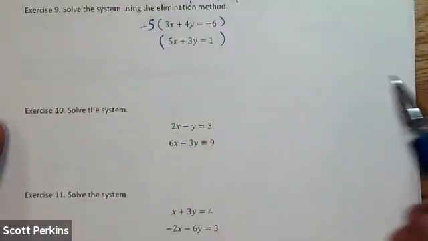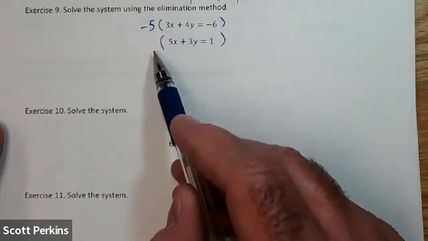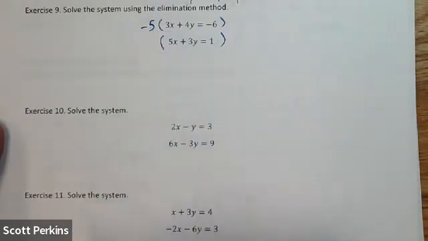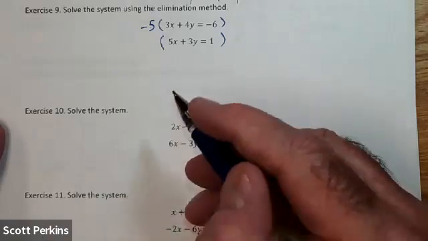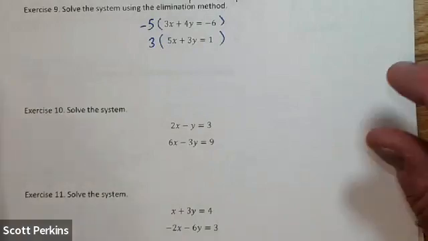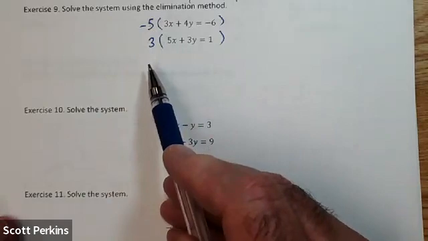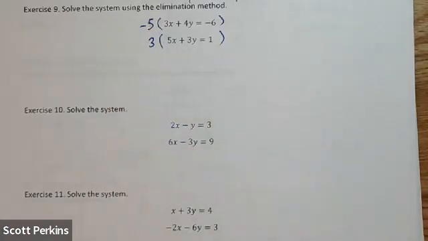If you chose -5, that gives you a -15x. So what then do you have to do for the bottom equation? +3. They have to have the opposite signs. Now, if you chose to multiply the top equation by +5, then you would do -3 on the bottom equation. They have to have opposite signs once you're done multiplying.